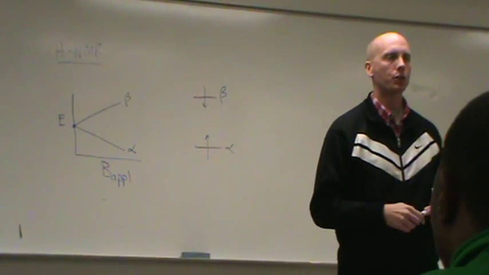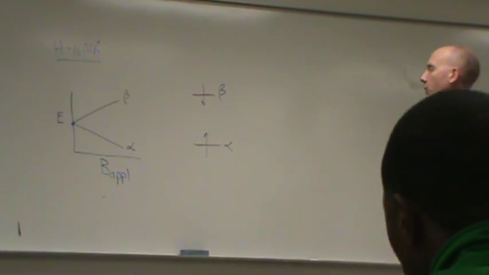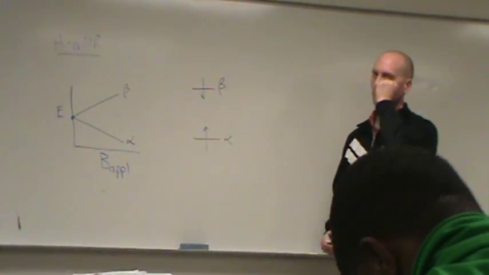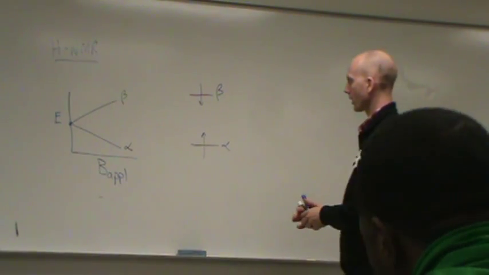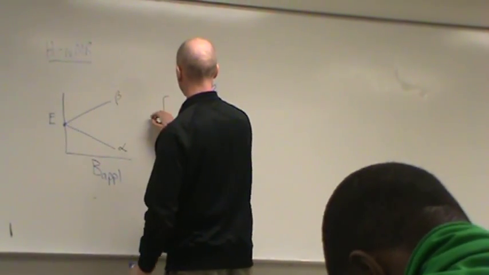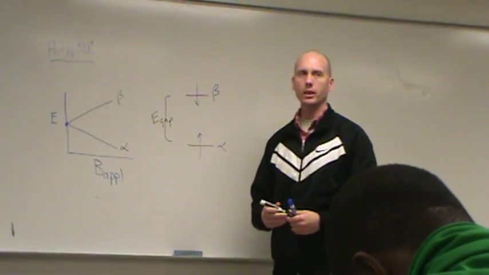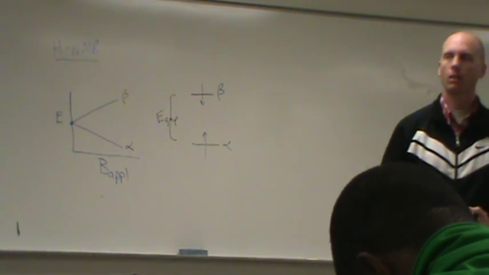Let's draw our energy diagram one more time like this. Let's just focus in on one alpha spin and one beta spin. So here we have a certain energy gap. What does that remind you of?